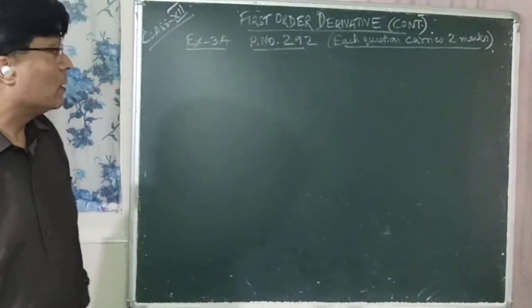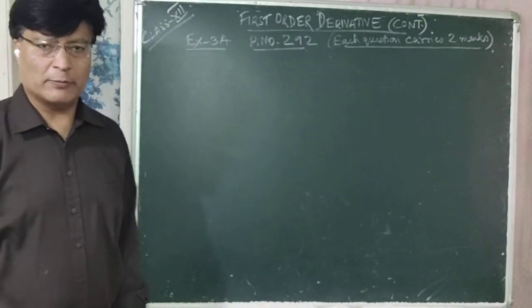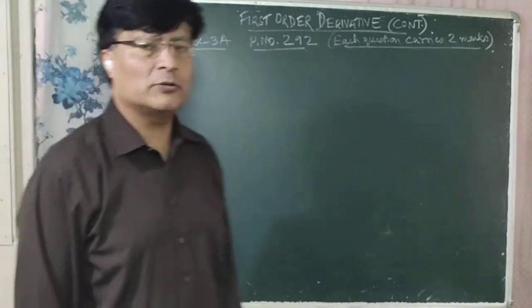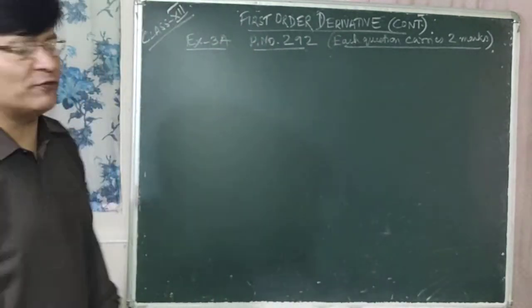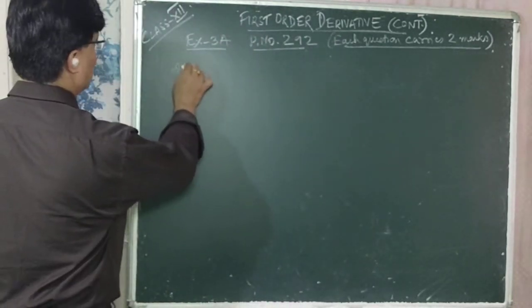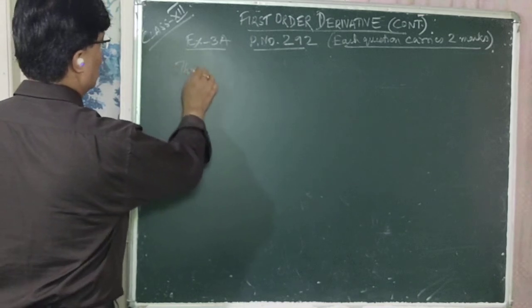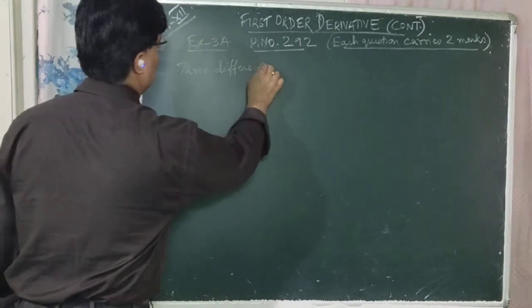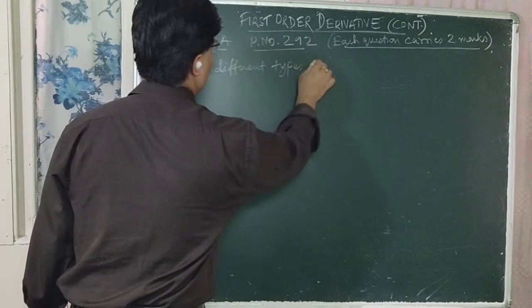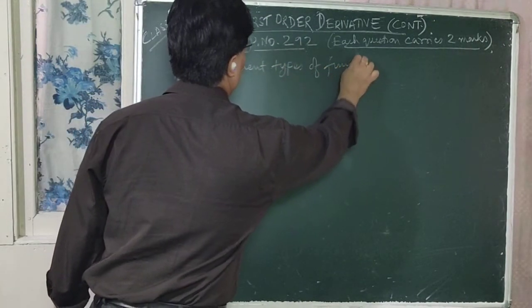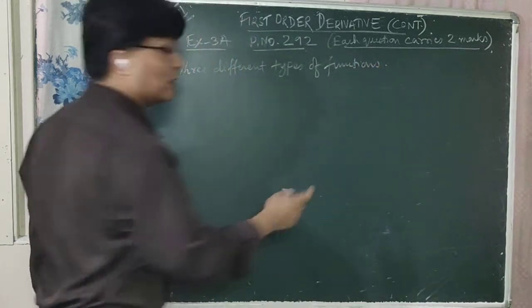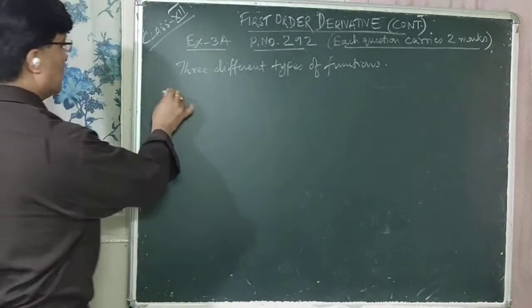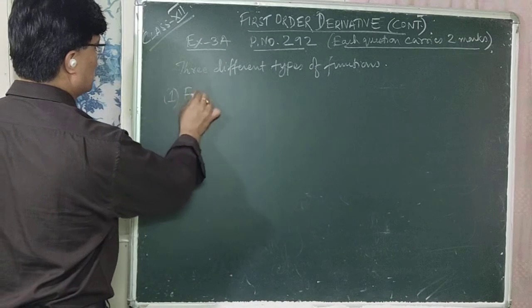Before I do the next problem, let us discuss 3 different types of functions. Functions, or it may be equations also. Number 1 is explicit function.